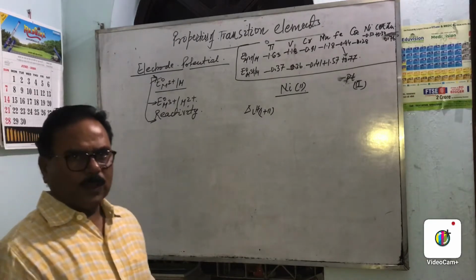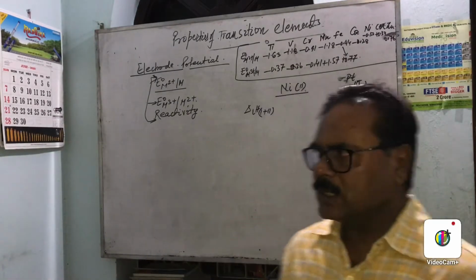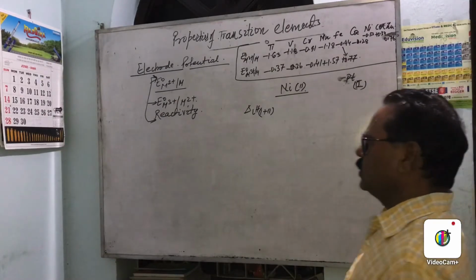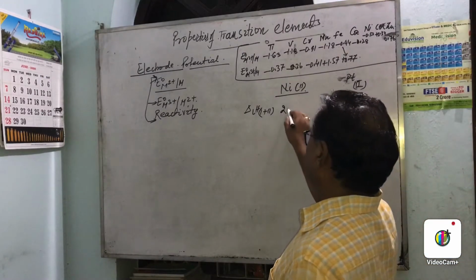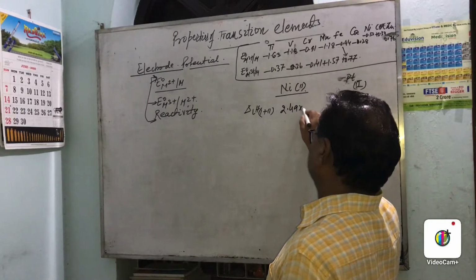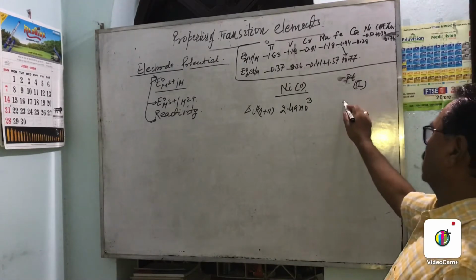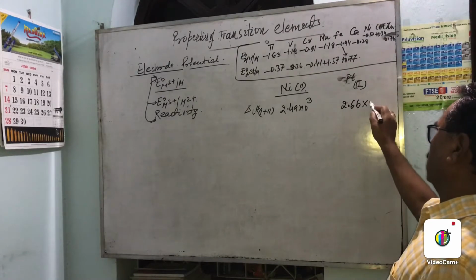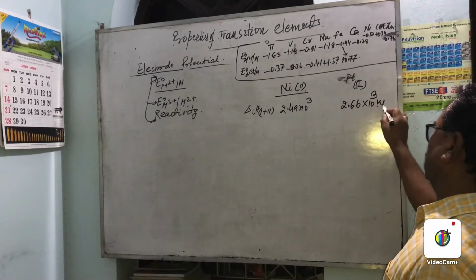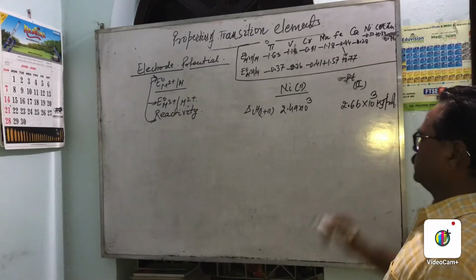So this ionization energy is a calculated value. So it is given, suppose it is 2.49 into 10 to the power 3, and this is suppose 2.66 and this is 3. The unit is kilojoule per mole.